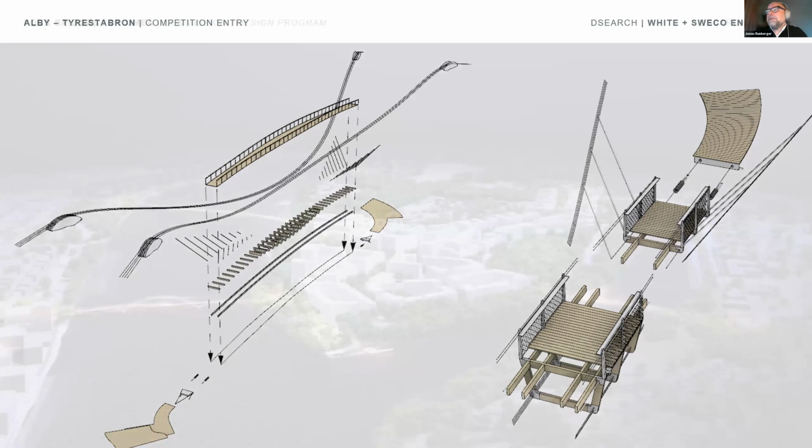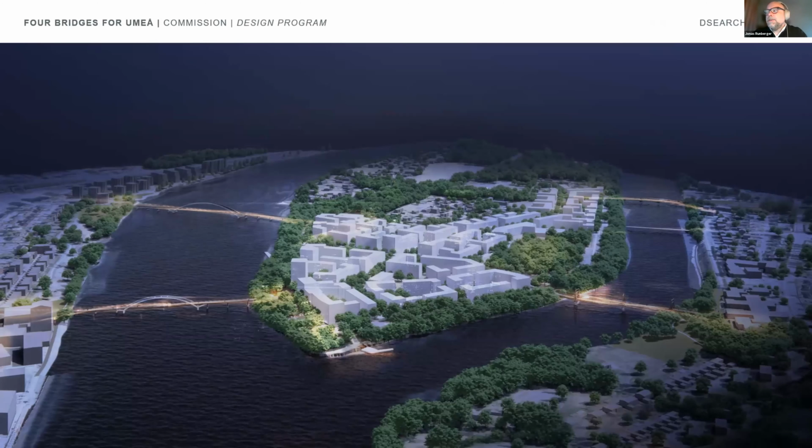But these bridge projects have continued, and the most recent one, which actually was completed yesterday, is a commission for Umeå, where four bridges are being planned in parallel. And we obviously took this opportunity to, you can see to the left are the longer bridges. They are in steel, so I will leave them completely out of the picture.